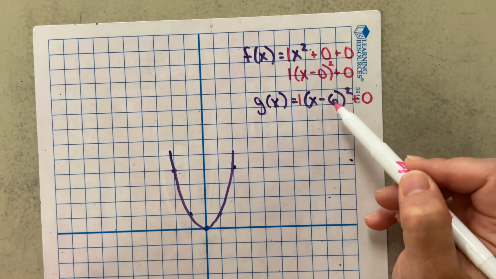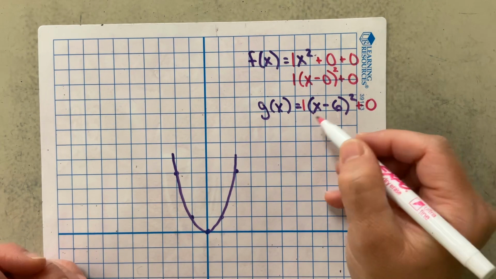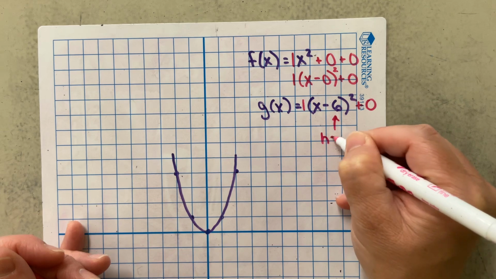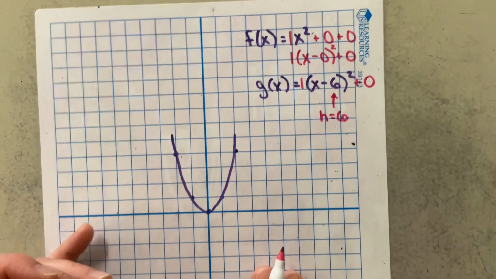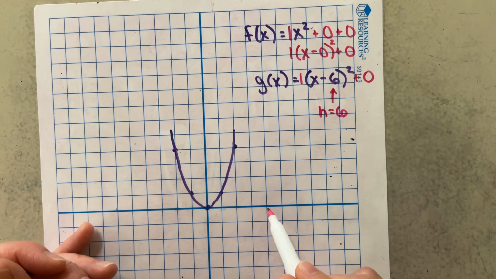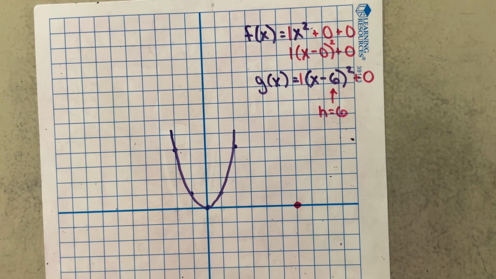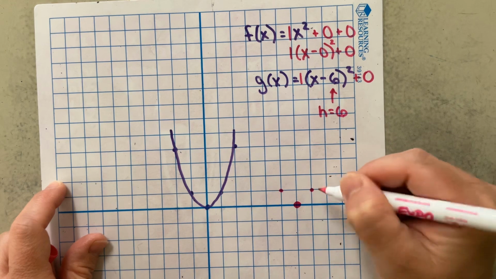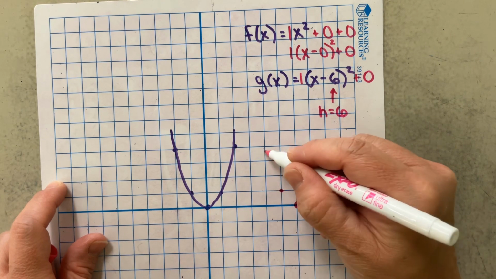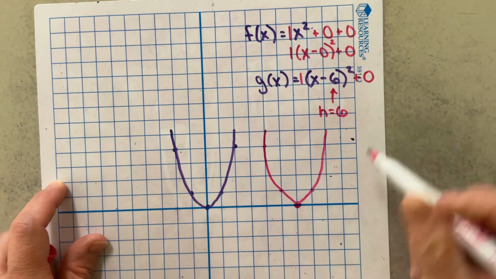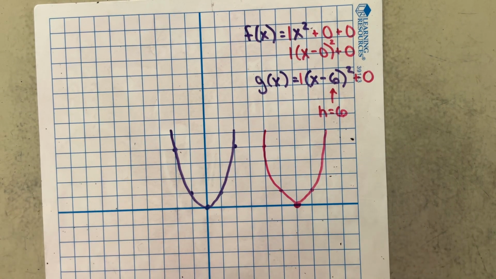Instead, we are going to move it 6. Now remember, the minus always has to be there, so this tells me my h equals 6. So I'm going to move it 1, 2, 3, 4, 5, 6 to the positive side. Everything else is going to remain the same, which means I can sketch my graph right away because the only thing it did was move over 6.